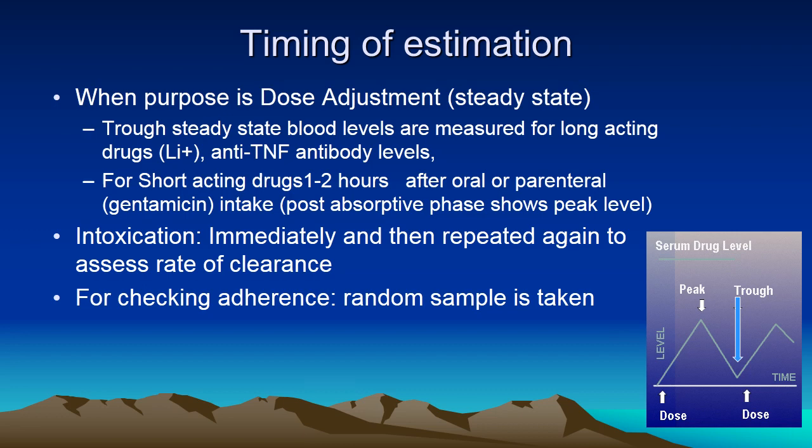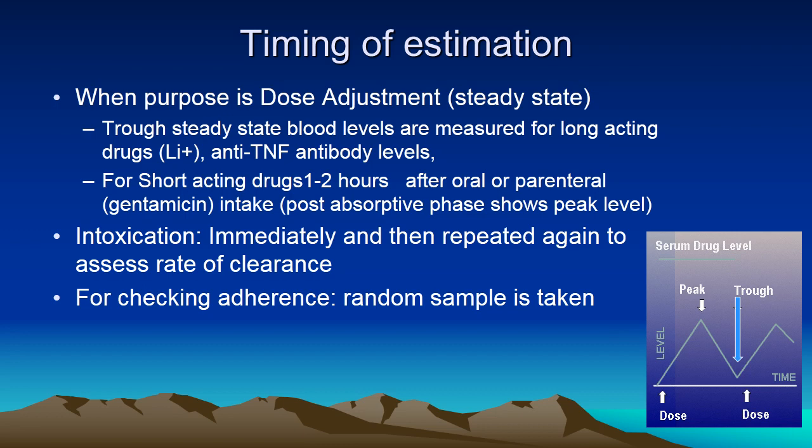Usually trough steady state levels are taken for measuring the levels of long-acting drugs or drugs for long-term use, such as lithium and anti-TNF antibody levels, and for short-acting drugs 1 to 2 hours after oral absorption or parenteral administration is the right time.